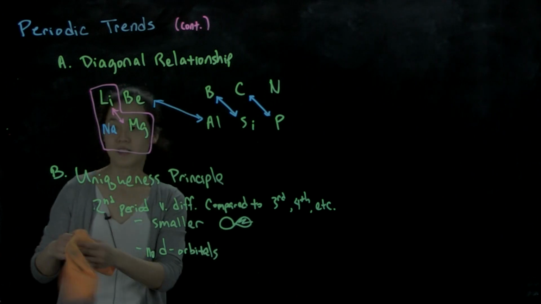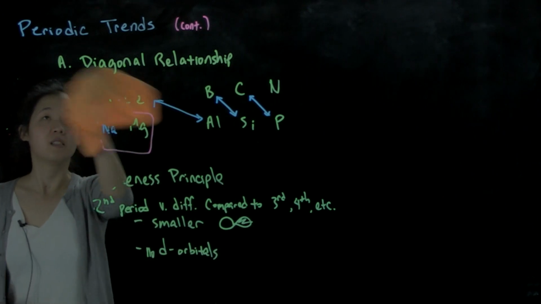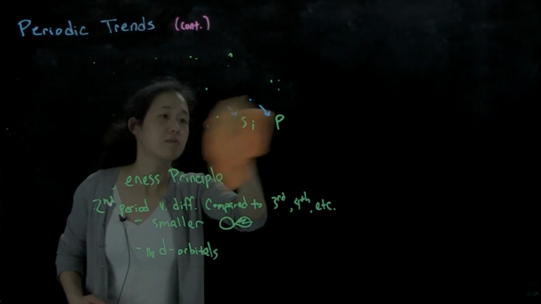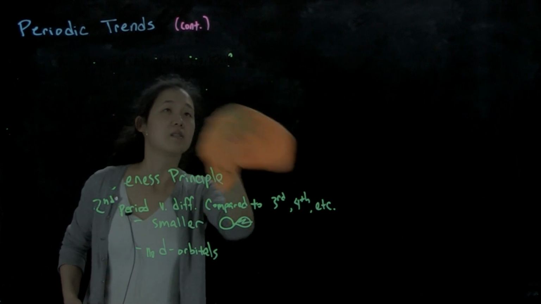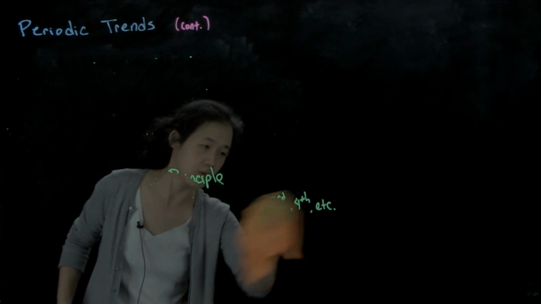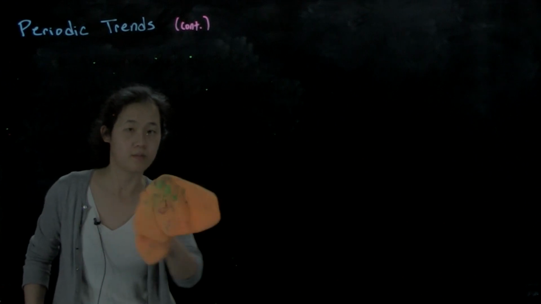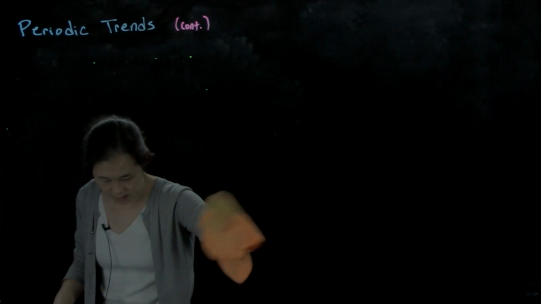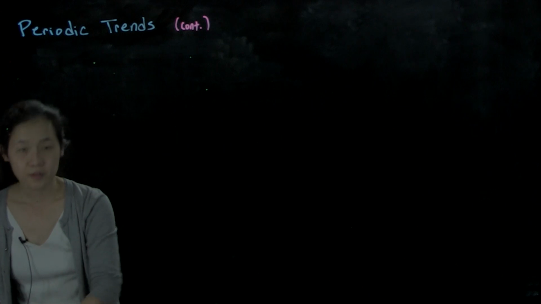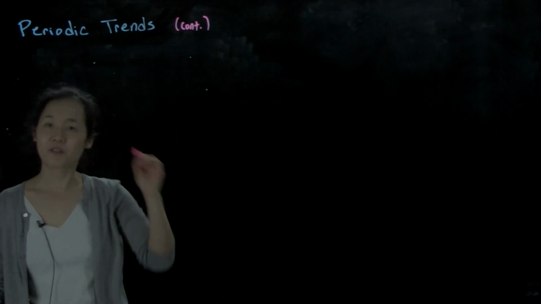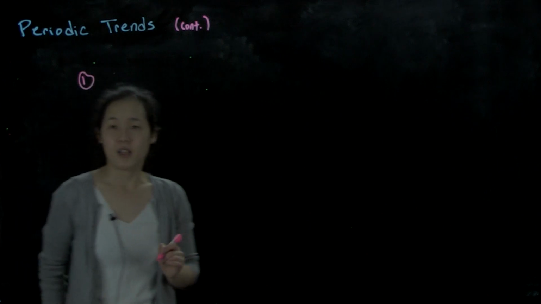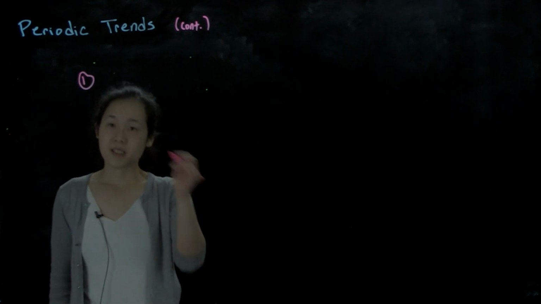So let me quickly erase. We're still talking about part B, uniqueness principle. Your general takeaway that you should remember about the second row is that we have high covalency and strong sigma bonds.